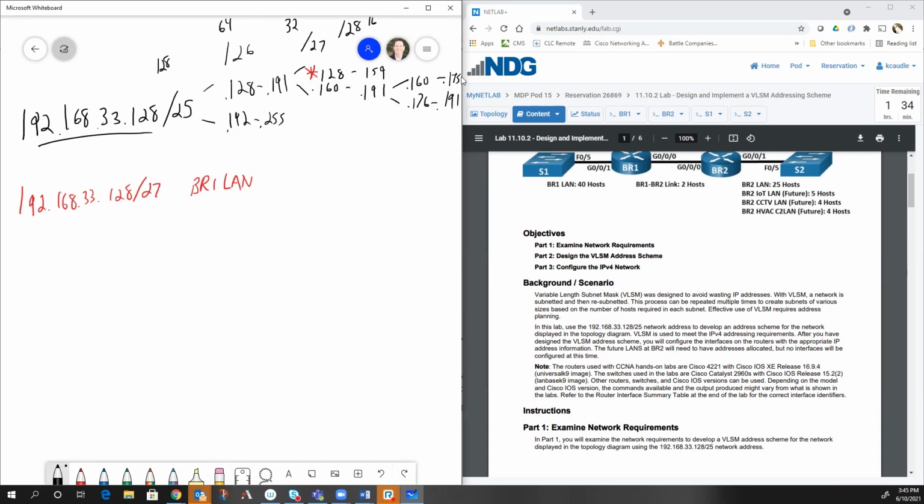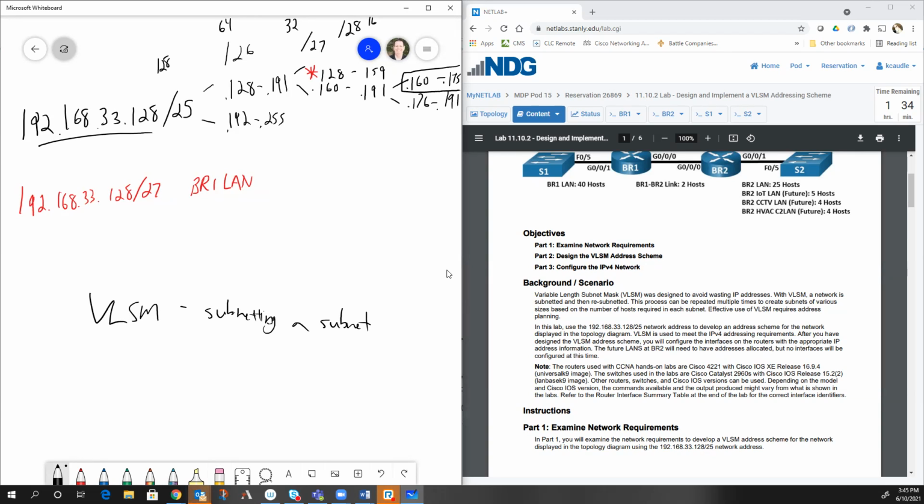And then now we could pull this out to be our network with 25 hosts. And then we would just keep subnetting this down to meet the needs of our network. This is subnetting a subnet.